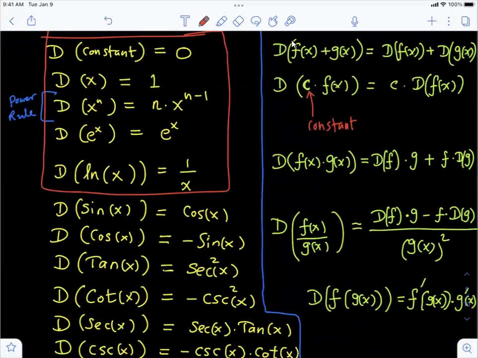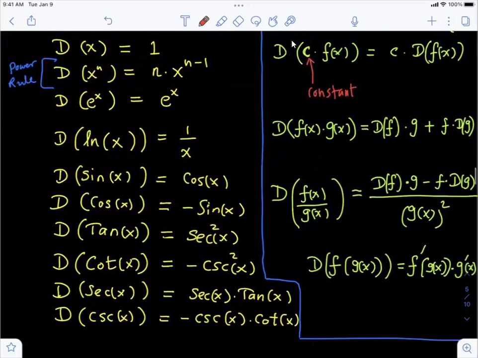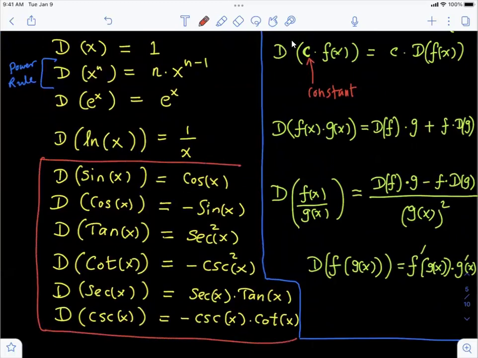And then the second batch is going to be the basic trigonometric functions right here. Note them down. The derivative of sine equals cosine, and be careful to have them written down precisely. Some of them have negative signs in front.